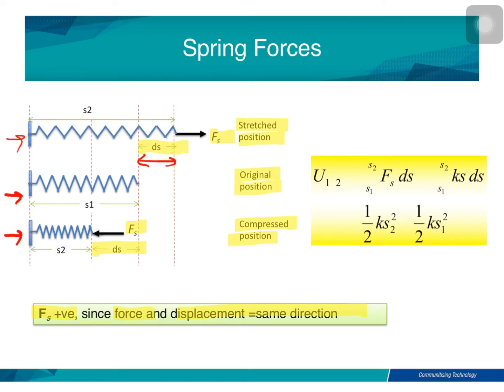The first figure is when the spring is stretching, and this one is when we compress the spring. Alright, so the work done on the spring is positive since force and displacement are in the same direction. You must remember it is half K s2 squared minus half K s1 squared.